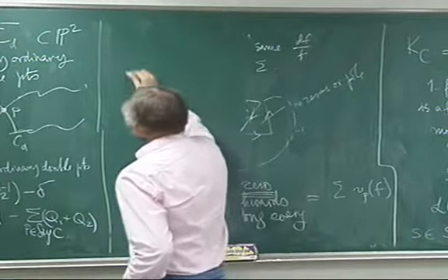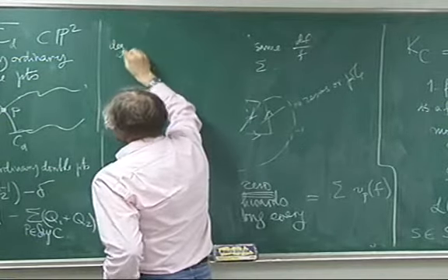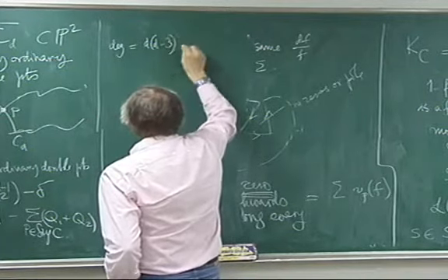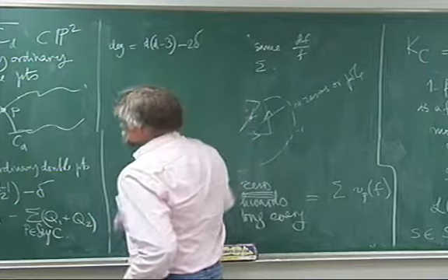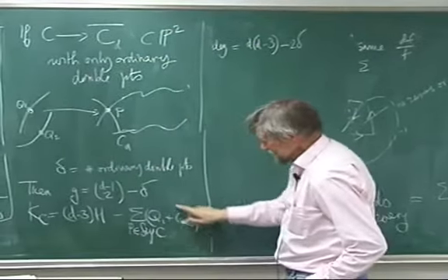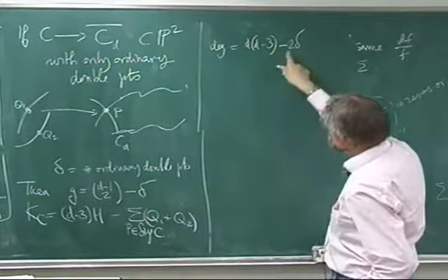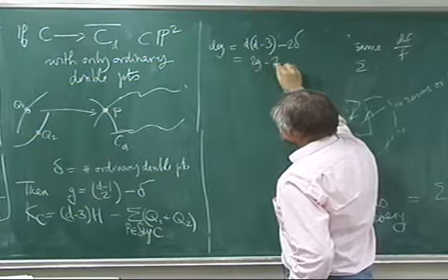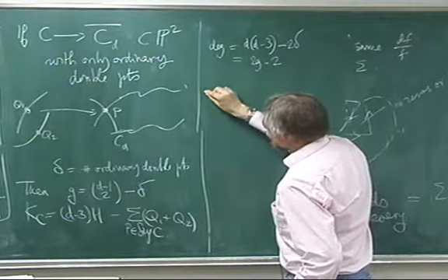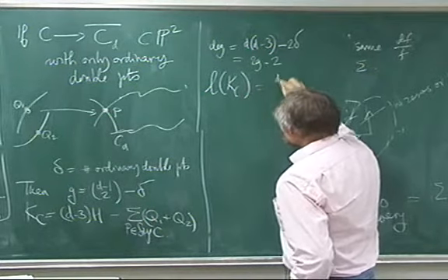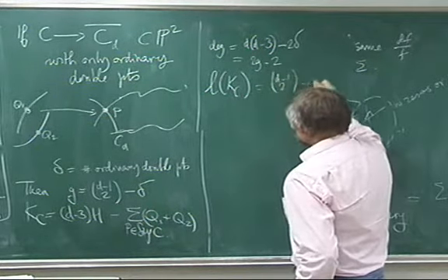Then you check that the degree is D times D minus 3 minus 2 delta. That's the degree of the first bit, and each time I see one of these singular points I subtract off 2 points, so that's 2 delta, and this is 2g minus 2. And the L of Kc is D minus 1 choose 2 minus delta.